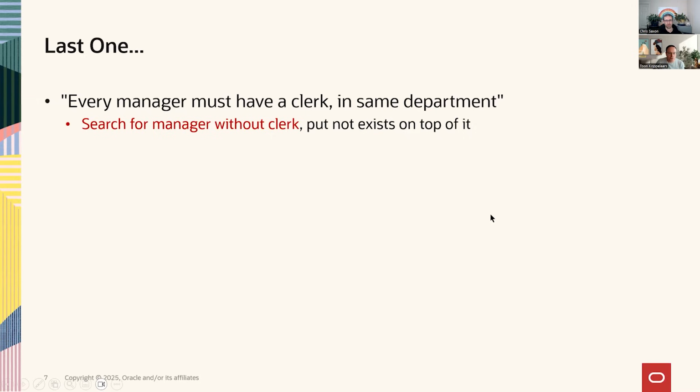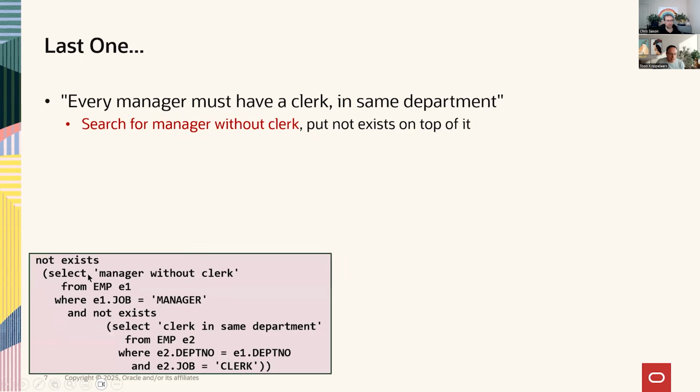So I'm going to search for a manager without the clerk, and again put not exists on top of it. But what we're going to get now is a nested subquery. So I'm looking for a manager, select from emp where job equals manager, and not exists in the same department a clerk.